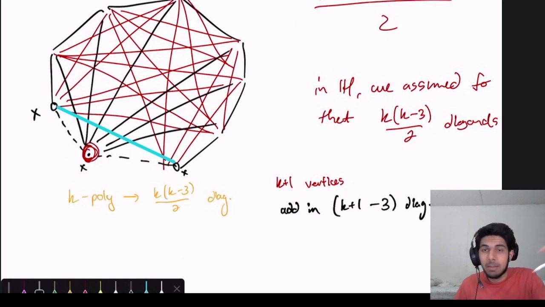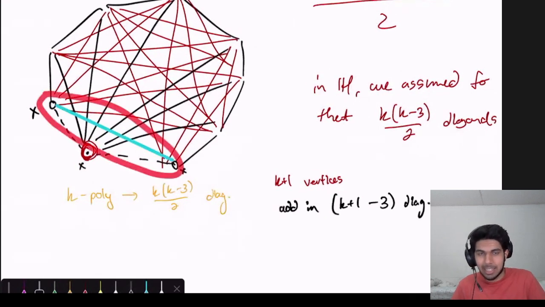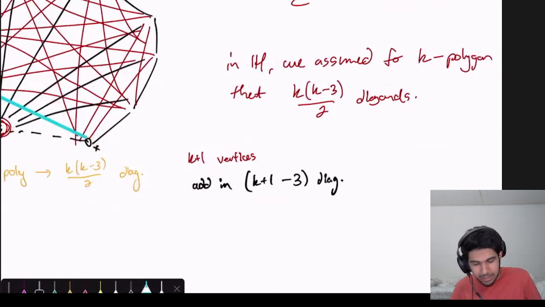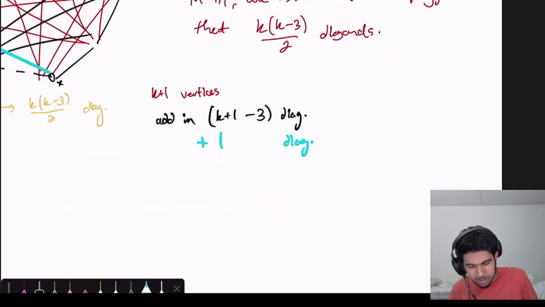So in the k polygon, this blue line was just a side, which means it wasn't a diagonal in that k polygon. But when we go back to the k plus 1, we have to add this as a diagonal. So we actually add in k plus 1 minus 3 plus 1 diagonals. And that's equal to, let's see, k minus 1 diagonals.